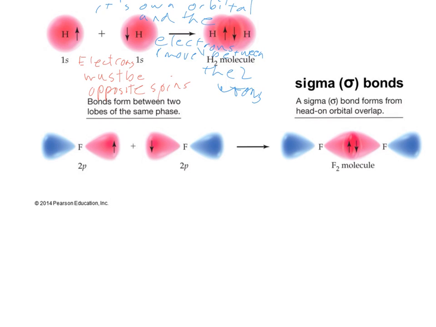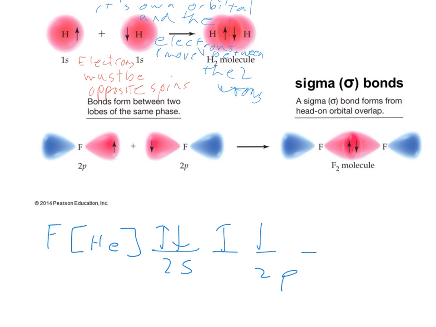Diatomic fluorine forms, according to valence bond theory, when the two orbitals of the fluorine atom overlap. Now, the fluorine atom has all its orbitals filled except for its last p orbital.